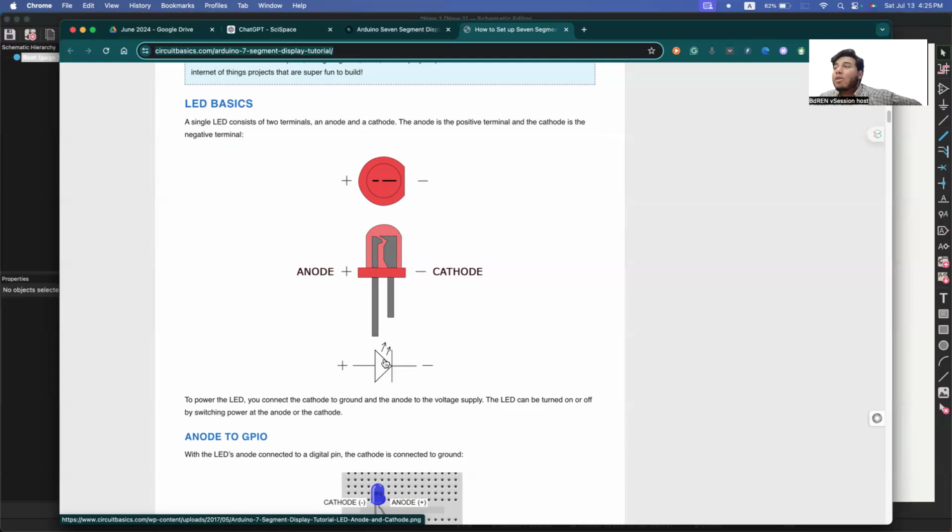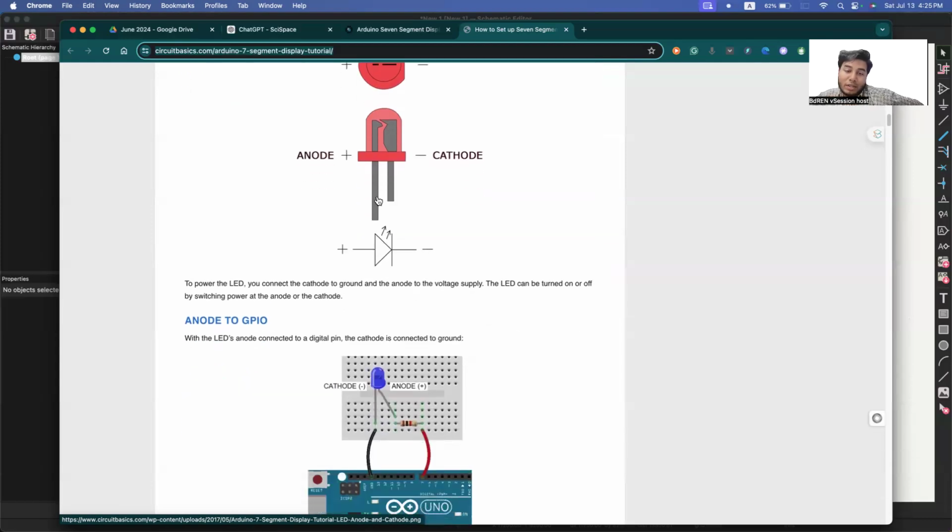So the light is emitted from the diode, and with the help of this ray you can see that the LED is turned on. For that turning on and off, you have to set some particular voltage.